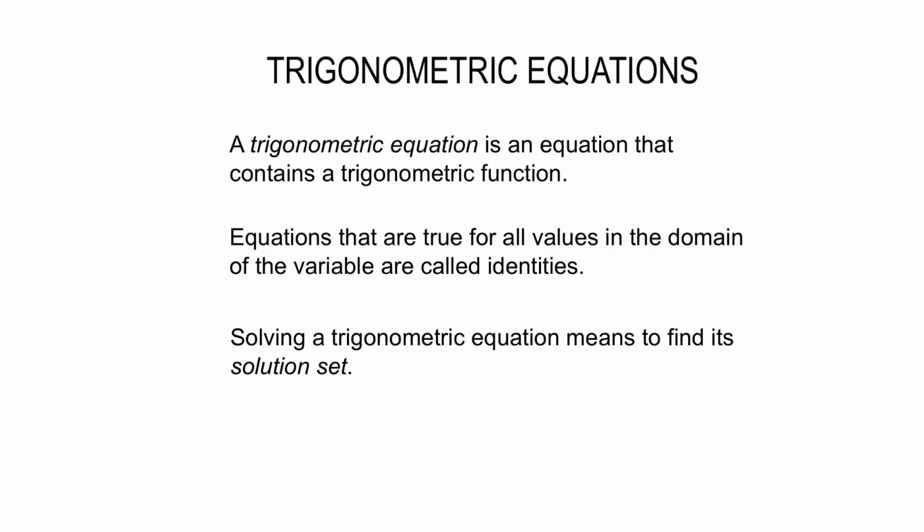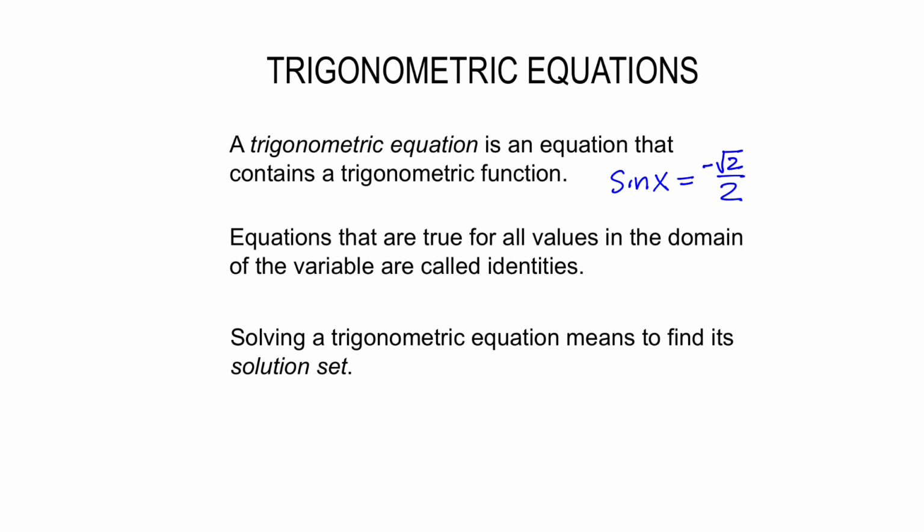So what is a trigonometric equation? Well, a trigonometric equation is just an equation that contains trigonometric functions. Very simple one, we could say sine of x is equal to some value, like negative root 2 over 2.